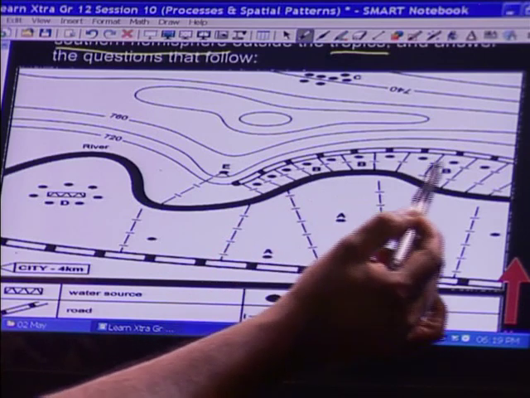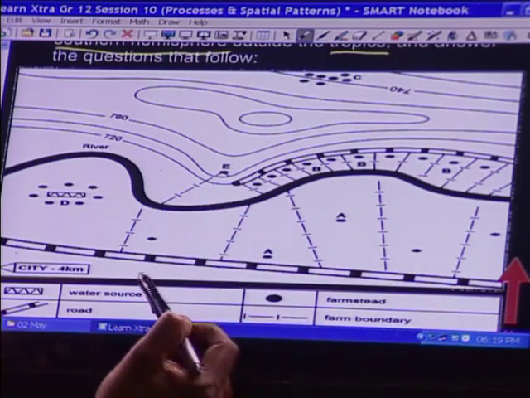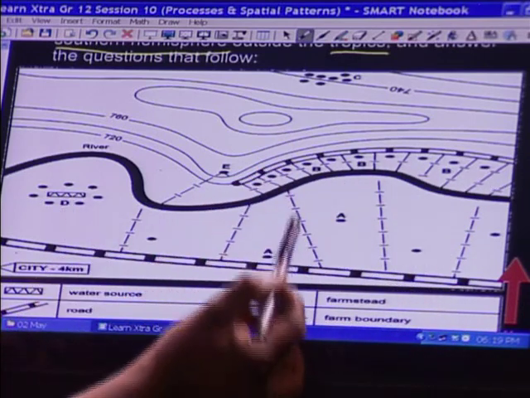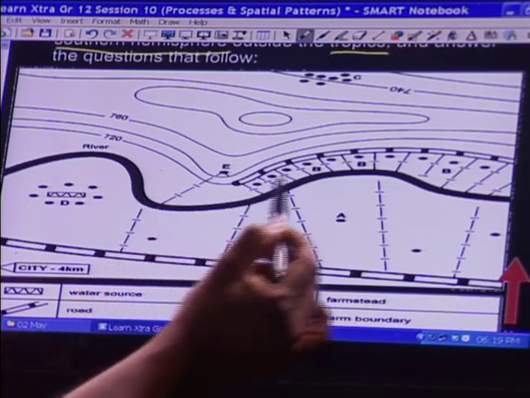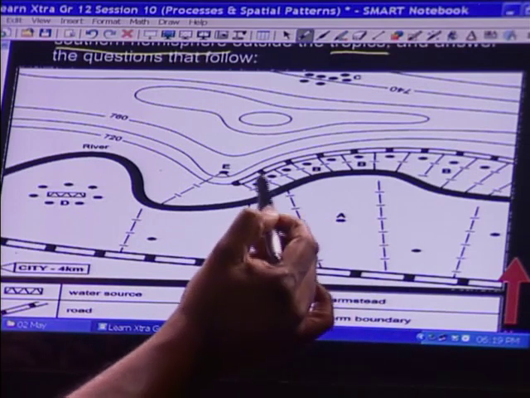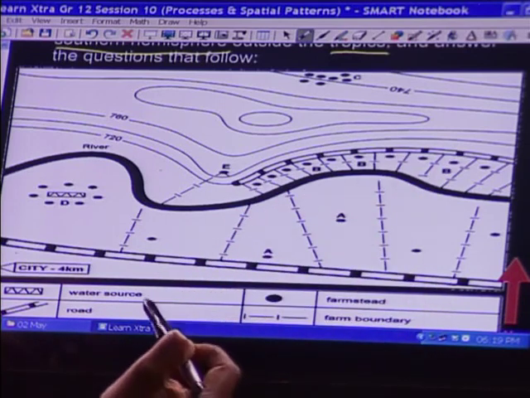Settlement B, which is nucleated. However, both settlements are linear settlements. So in this example, you have a linear dispersed settlement and a linear nucleated settlement.